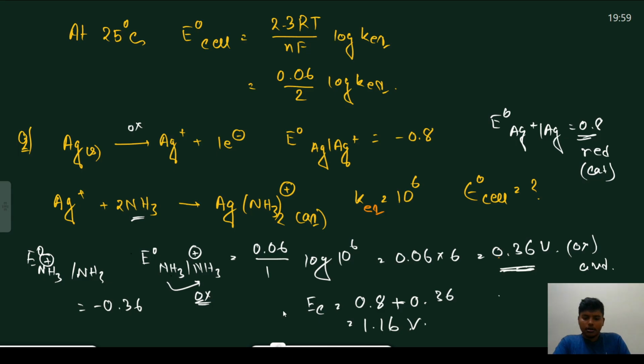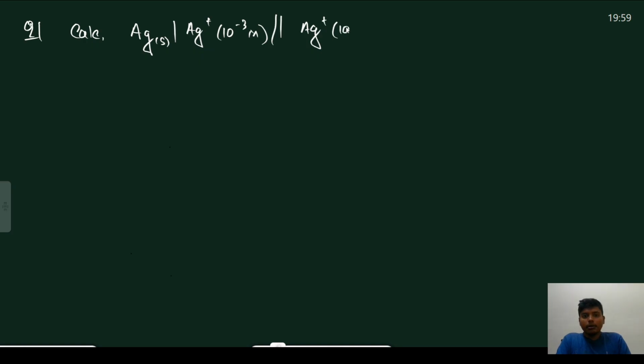Okay. One question. The question is calculate: Ag solid, Ag plus 10 power minus 3 molar, Ag plus 10 power minus 1 molar, Ag solid.